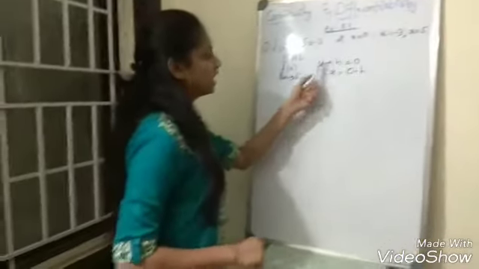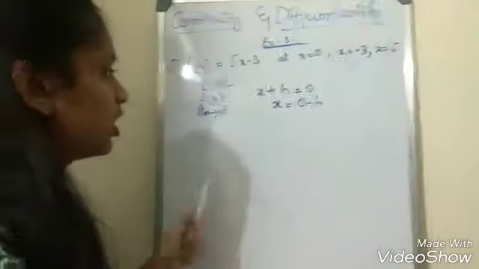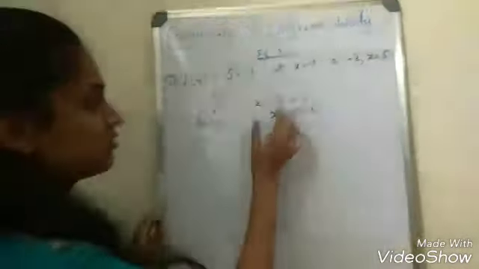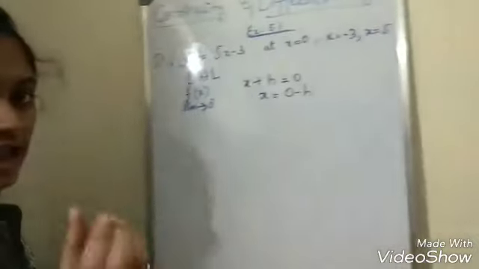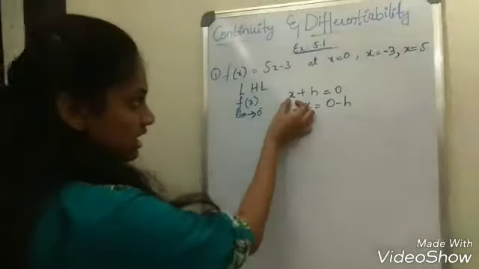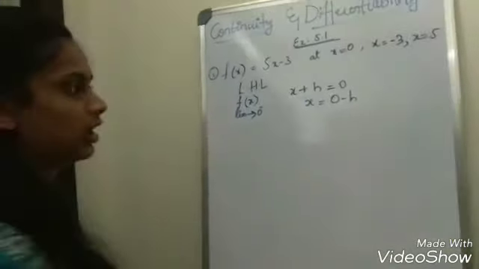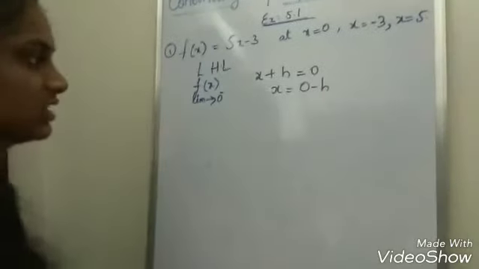Let x plus h is equal to 0. So x is approaching a value which is not equal to 0, but very near to 0, and h is a very small value which when added to x becomes 0. Now take h to the other side, then x is equal to 0 minus h.